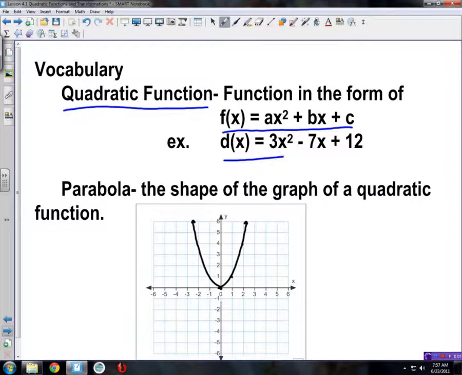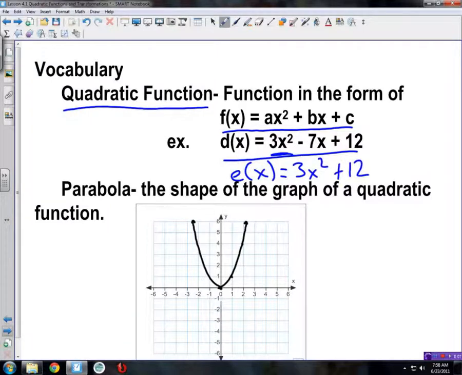Now, it can have all of those pieces, or it can have some of them, but it needs to have this first piece, this x squared piece, to be quadratic. If it doesn't have the x squared piece, it's not quadratic. But it could also look like, let's give another function name, let's call it e of x is equal to 3x squared plus 12. This is also a quadratic function.